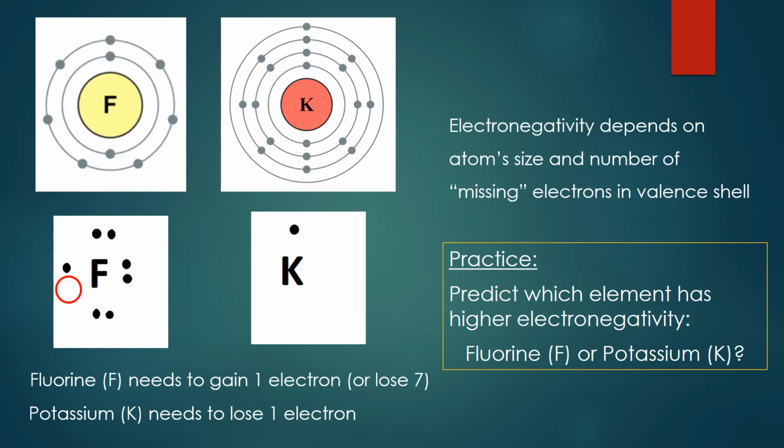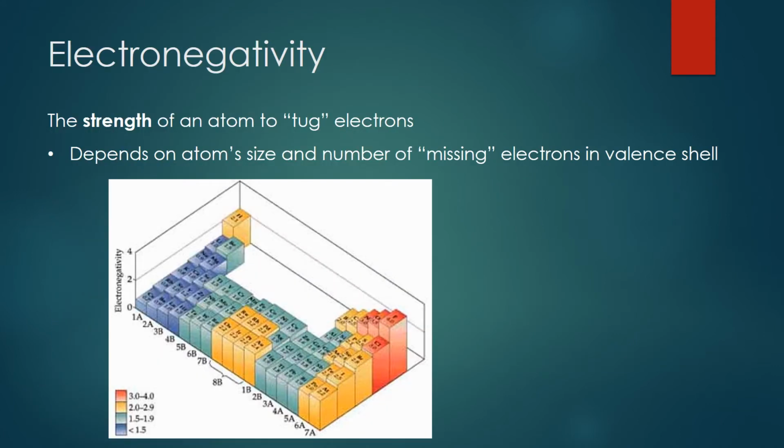Knowing this, can you answer the question predicting which of these has a higher electronegativity, or which one is more likely to pull an electron away from its neighbor during a chemical reaction? Hopefully you said fluorine.